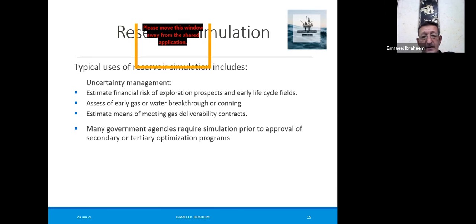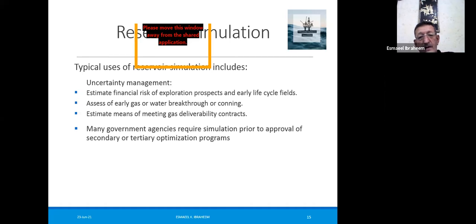Typical uses of reservoir simulation include uncertainty management. During the life of any reservoir, you have certain uncertainties. You may have a change in facies, a change in the water zone, or a change in the energy of the reservoir.